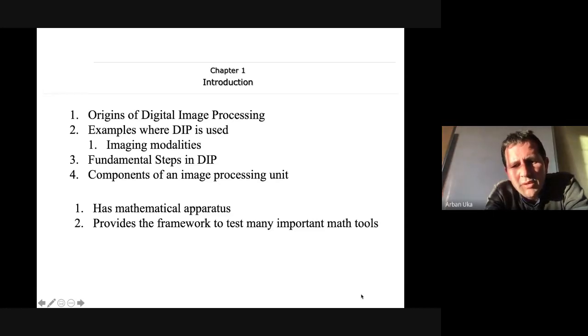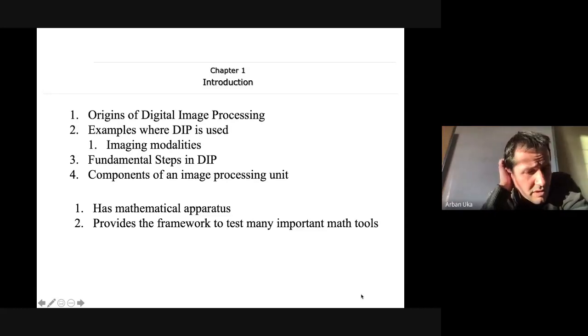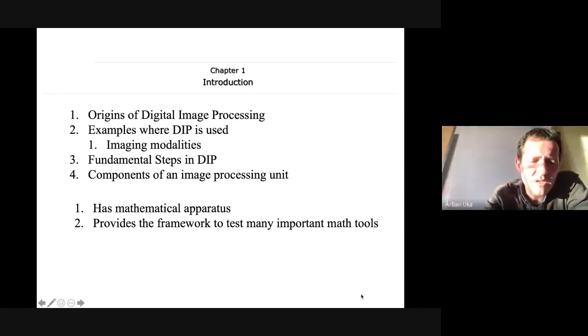But now in image processing, we are dealing with two-dimensional signals, and these are discrete because the images that we often see are composed of a large number of pixels, where each pixel is a small square which has a certain level of gray.